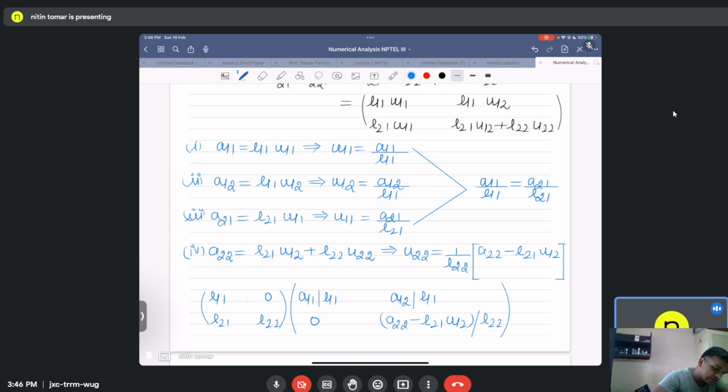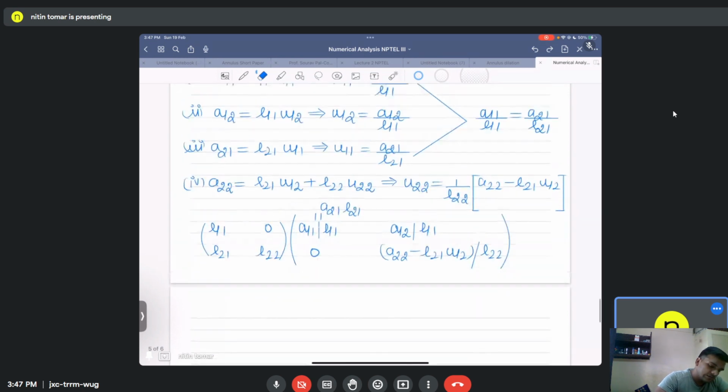So here you can actually have one condition on L21 also. Am I correct? So is this correct?